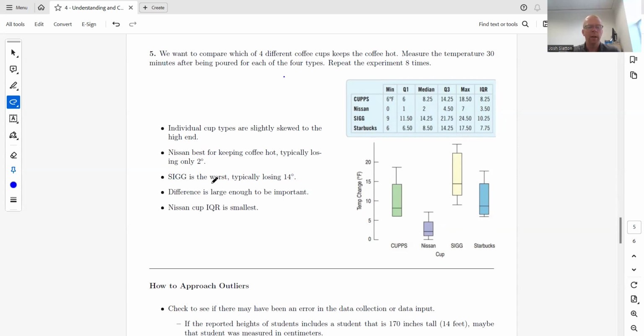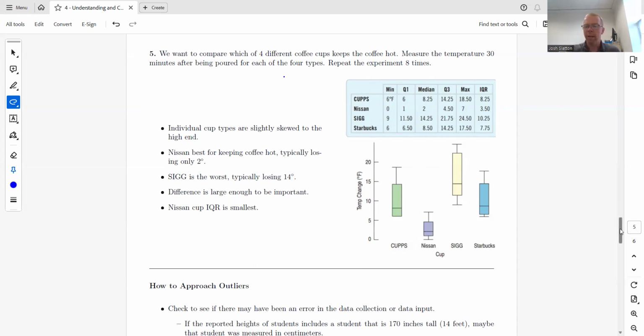SIG is the worst, typically losing around 14. The difference is large enough to be important, especially between the best one and the worst one, a median of 14 versus a median of 2. That's a relatively big difference. And the Nissan IQR is also the smallest, so it has the smallest box.